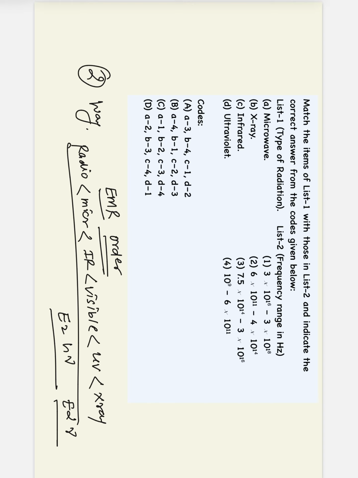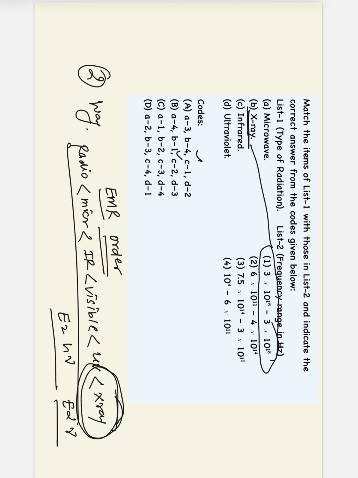First, which has the highest frequency? That is X-ray. X-ray is the highest frequency, 10^18. So B is going to be 1. Let's see which option shows that B is going to be 1.